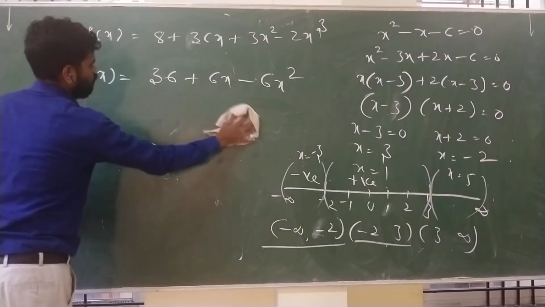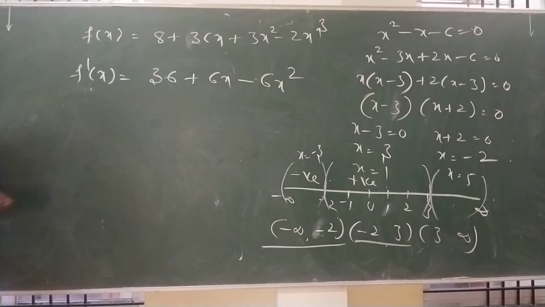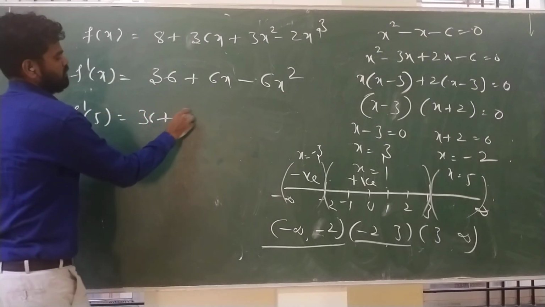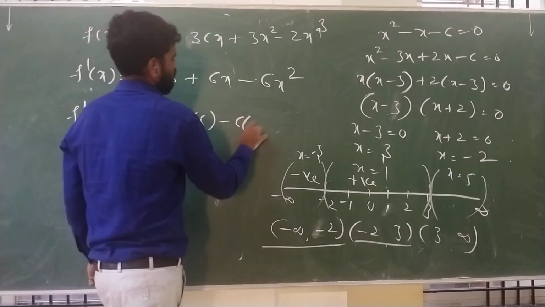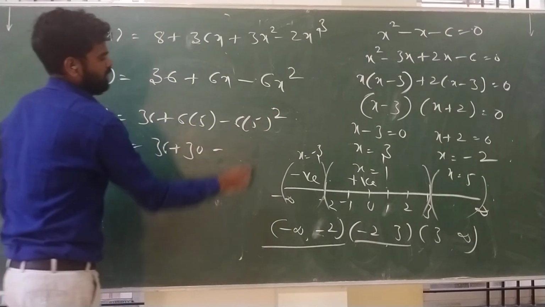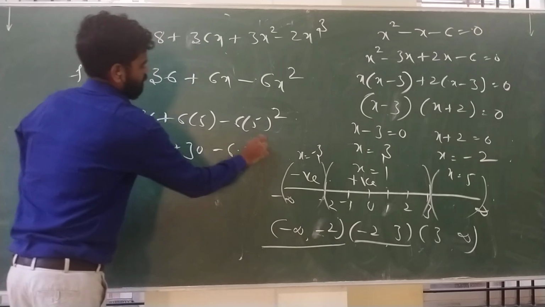X equal to 5. So f dash of 5 equal to 36 plus 6 into 5 minus 6 into 5 square. So 36 plus 30 minus 6 into 25.